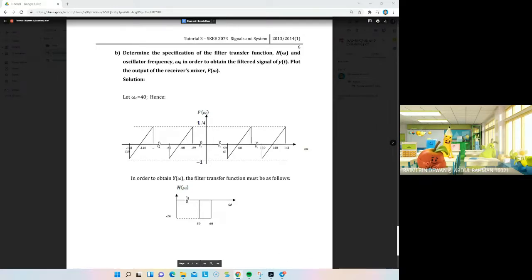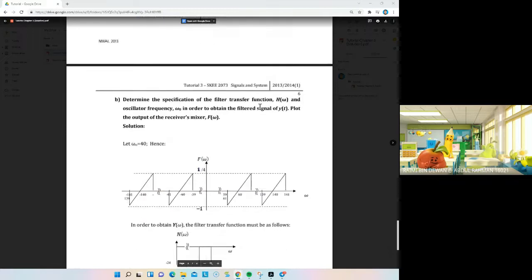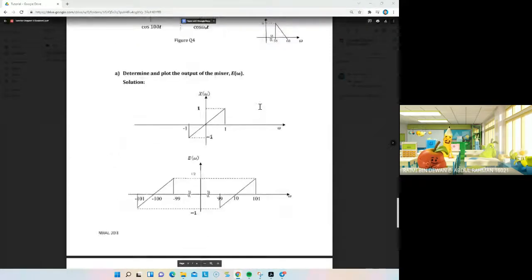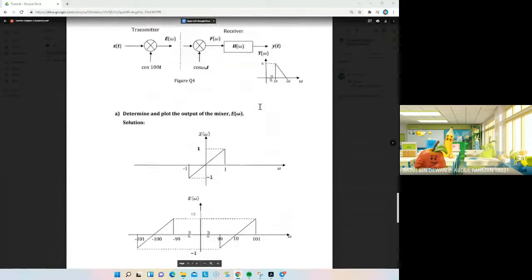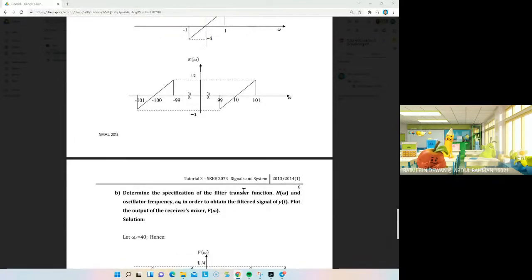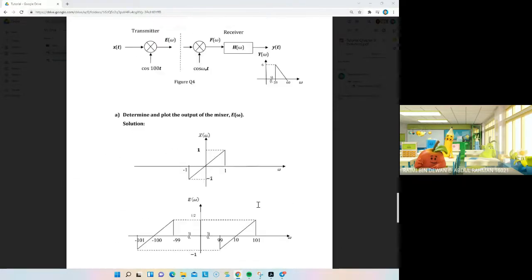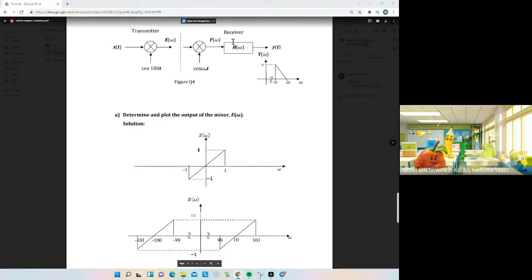Okay, so this is kind of the answer, if you can see. Normally when you do the mixing, here is question B: determine the specification of the filter transfer function. Transfer function is H. It sits between input and output.